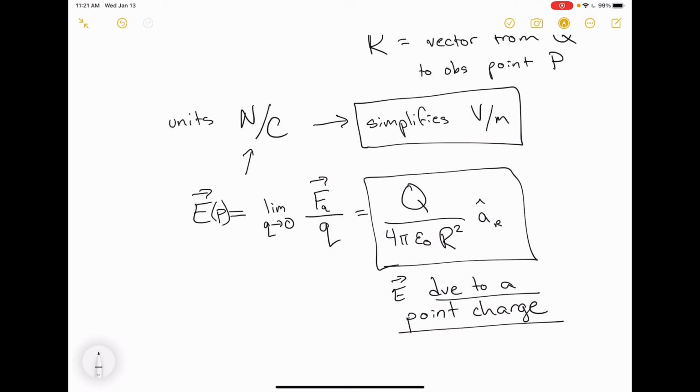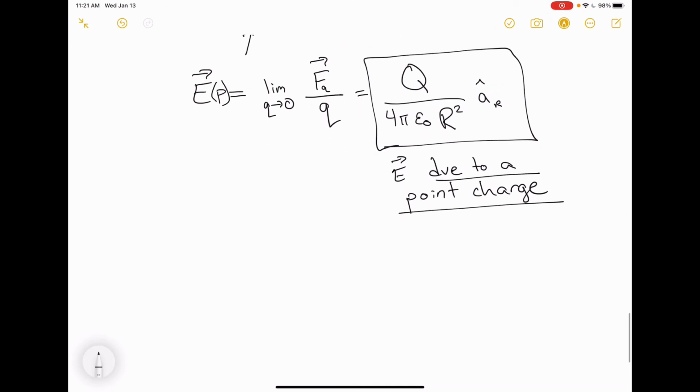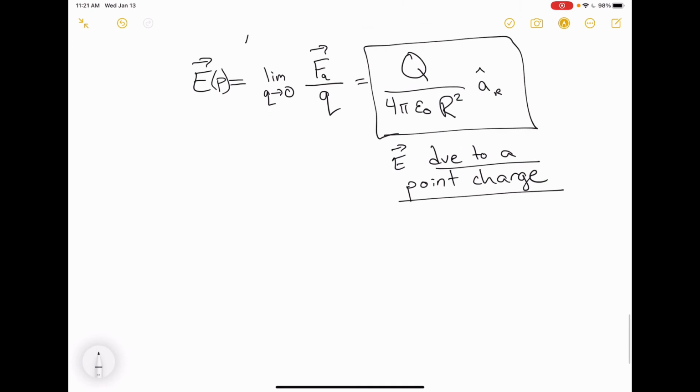But if this was the electric field all the time as the solution to every problem, there would be no reason to have this class. This is sort of your building block for the electric fields in a lot of different problems, because the electric field due to a point charge is what we make all other electric field solutions out of. And that's superposition in a nutshell.